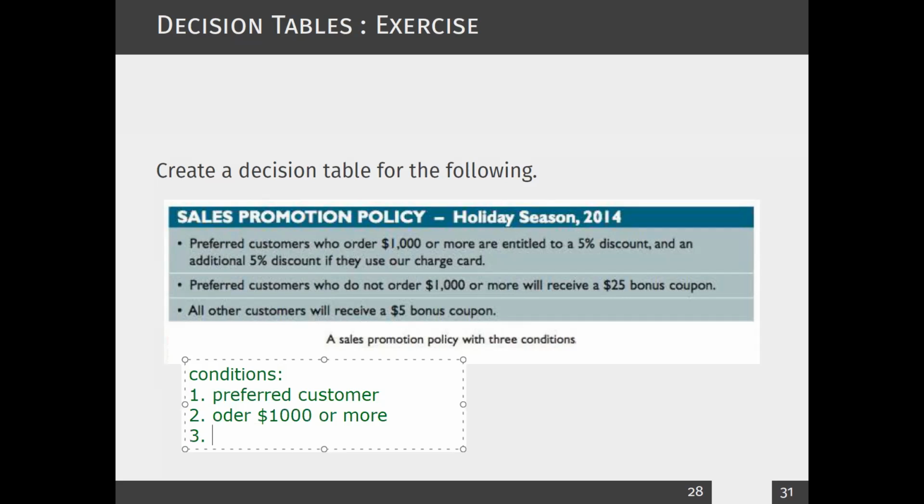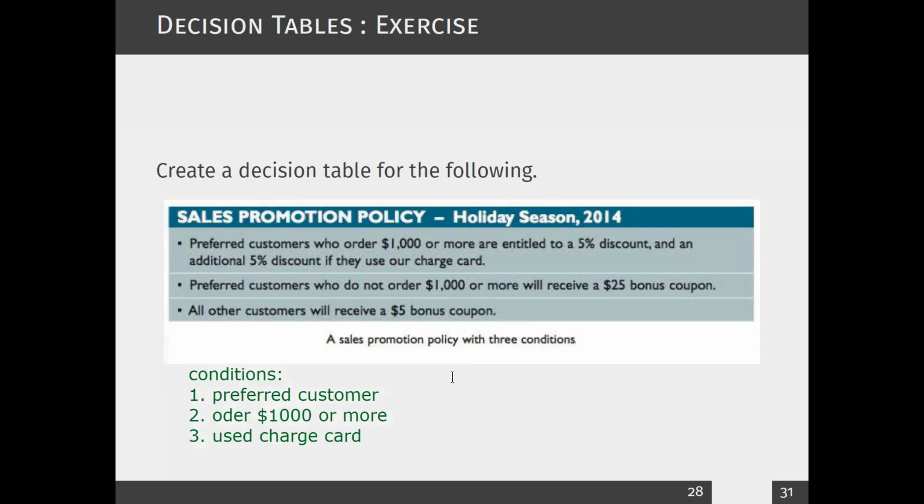Third, whether they have used the charge card. So these are the conditions. First thing, you need to identify these conditions.